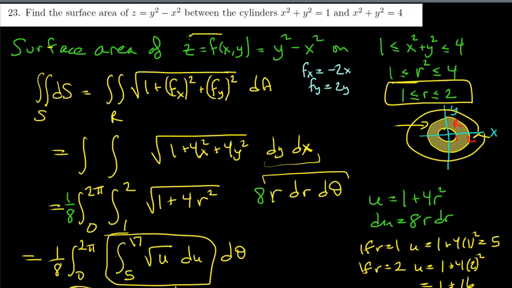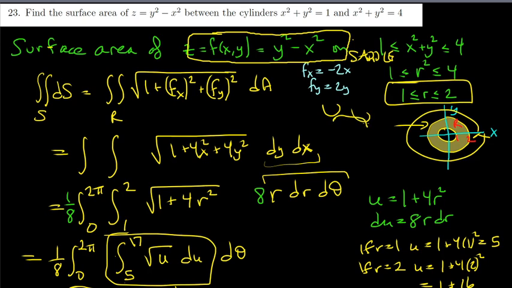What is this surface? Again, I'm not asking that. And you can see I'm not graphing the surface. I'm graphing the region R over which there's this surface. This is a hyperbolic paraboloid, also known as a saddle, which is why I'm not going to draw it. It goes up one way, down the other way.